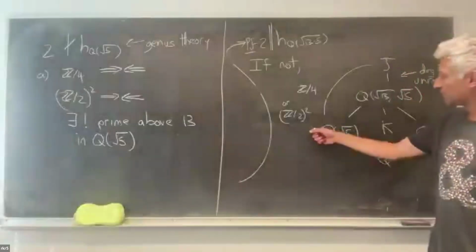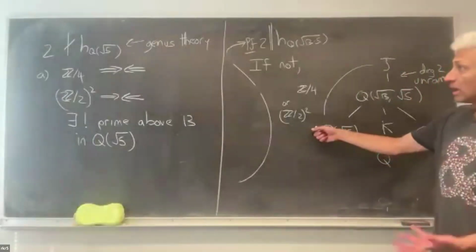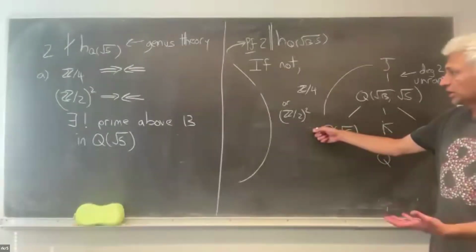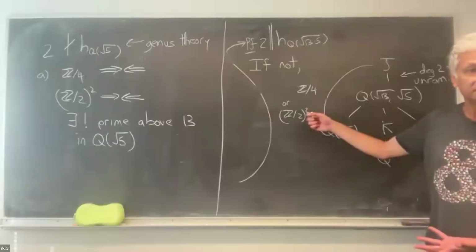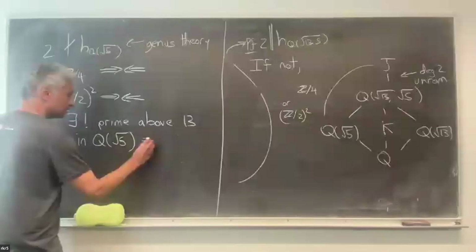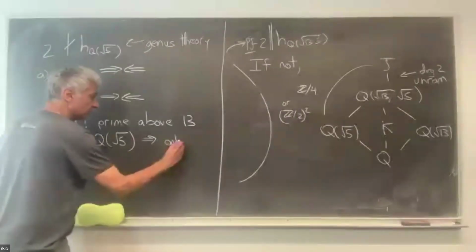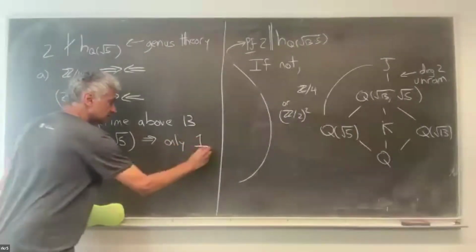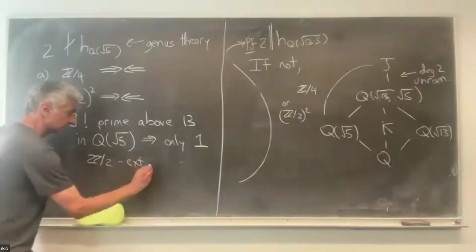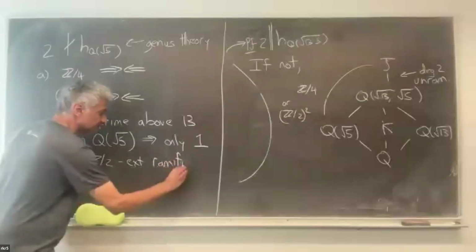Because there's only one prime above 13 here, and the class group is prime to 2, if you allow ramification at 13, you're only going to get one extension. You can't get two extensions. Only one Z mod 2 extension ramified at 13.